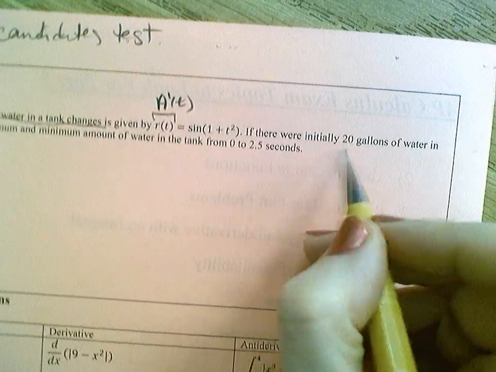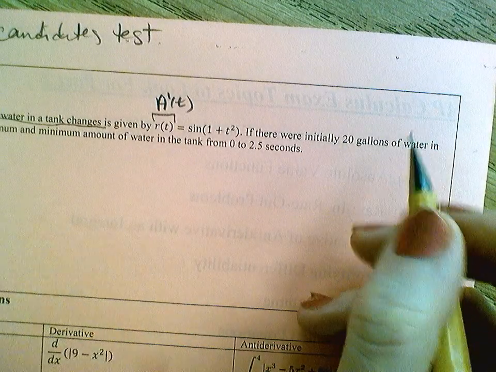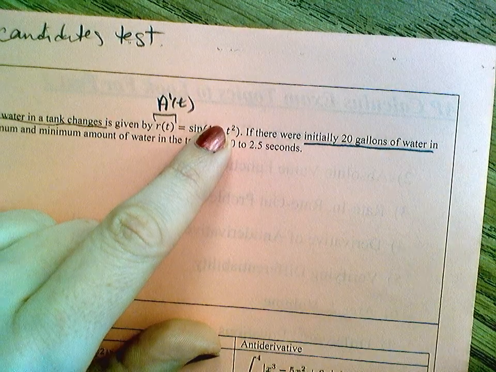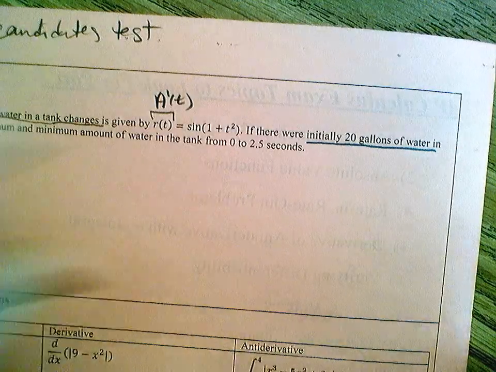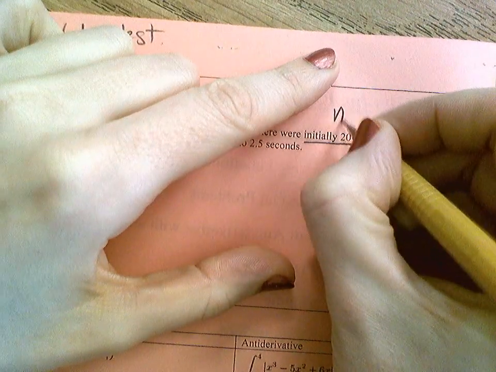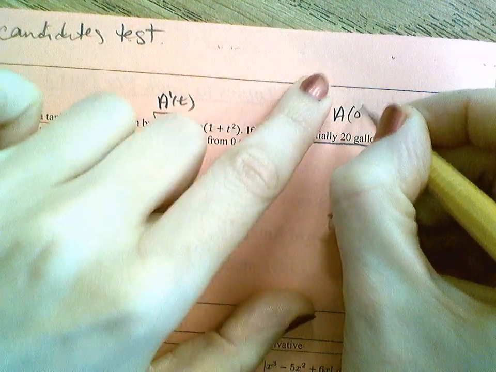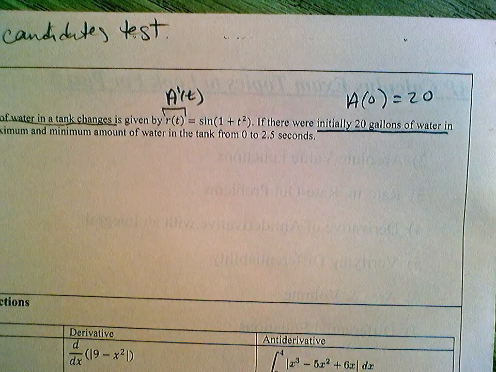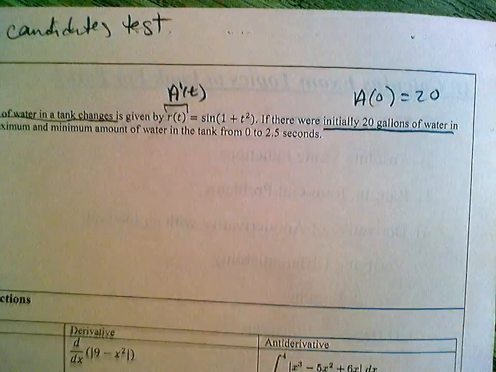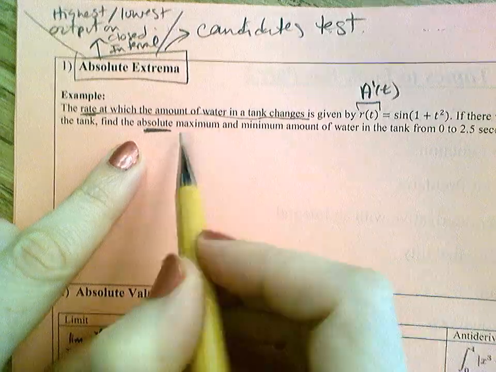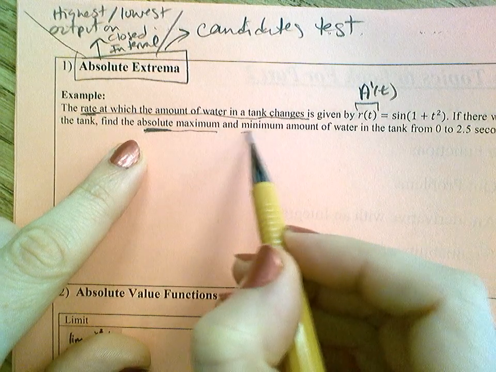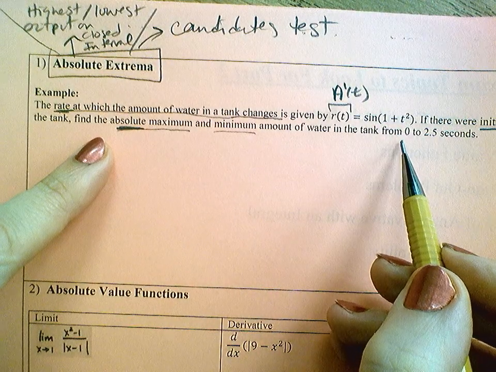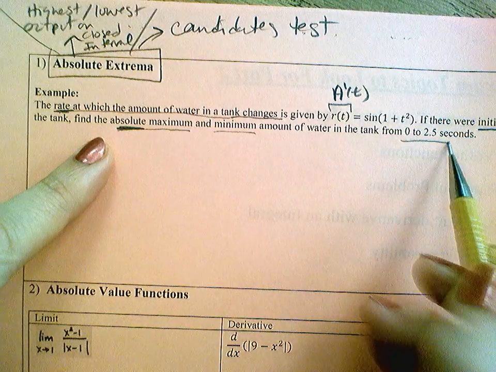If there were initially 20 gallons of water in the tank, meaning that A of 0 equals 20, because A is the amount of water in the tank. Find the absolute maximum and minimum amount of water in the tank from 0 to 25 seconds.